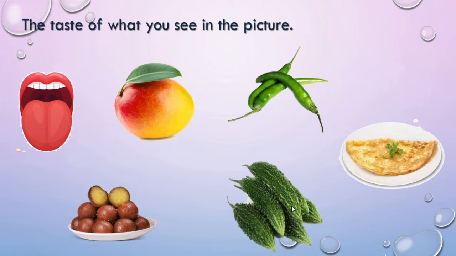These bitter gourds are bitter in taste. This omelette is very tasty and fresh. Like this, who tells us? Yes, our tongue. It gives the sense of taste to us by looking at the pictures, isn't it?